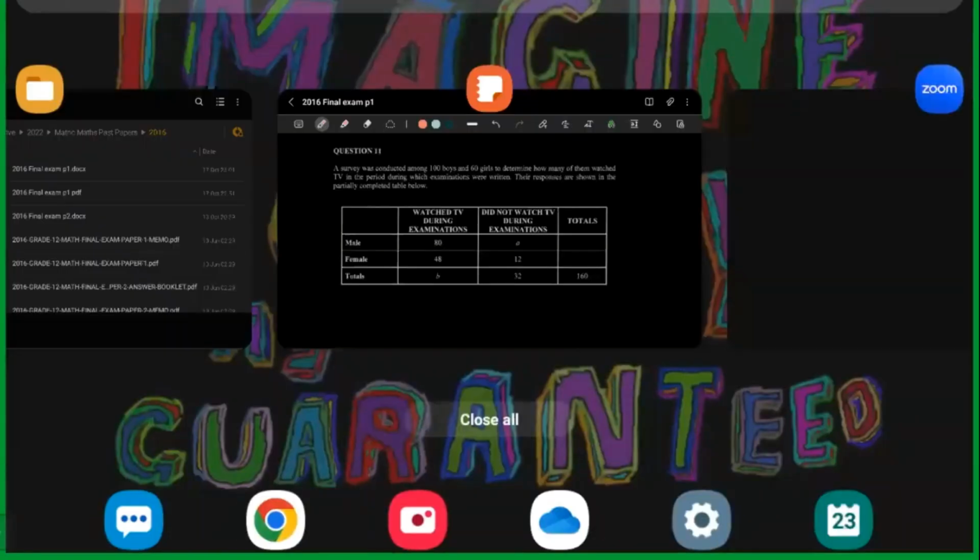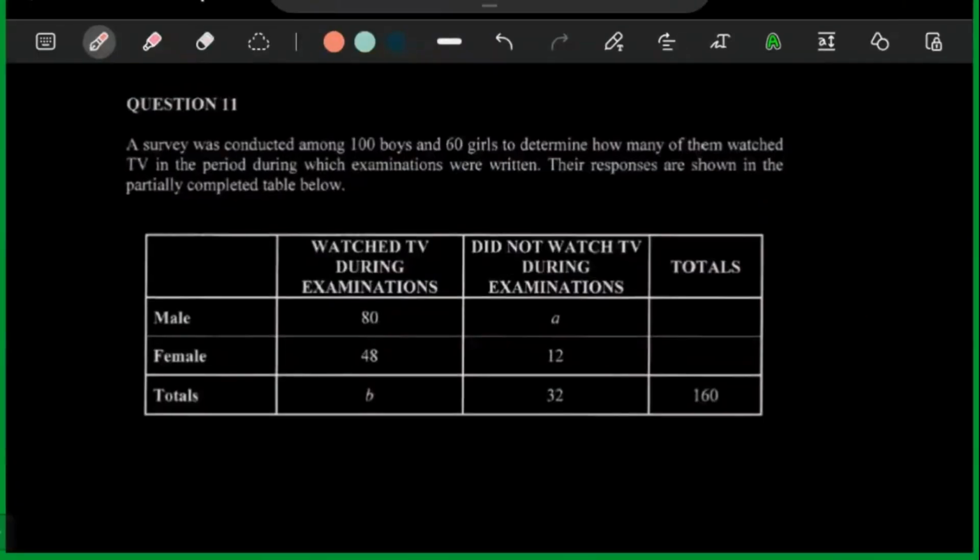So the idea with this probability question, from this 2016 paper 1 November paper, it says here a survey was conducted among 100 boys and 60 girls to determine how many of them watched TV in the period during which examinations were written. The responses are shown in the partially complete table.